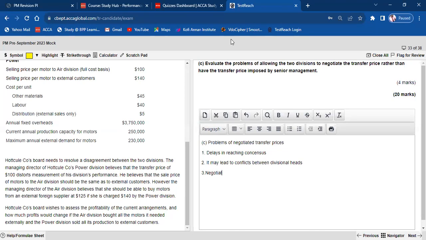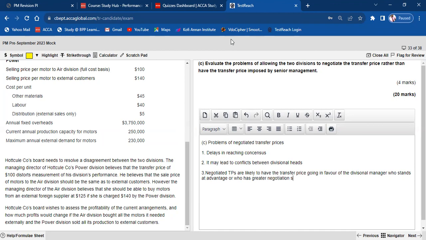Negotiated transfer prices are likely to have the transfer price going in favor of the divisional manager who stands at an advantage, or who has greater negotiation skills.